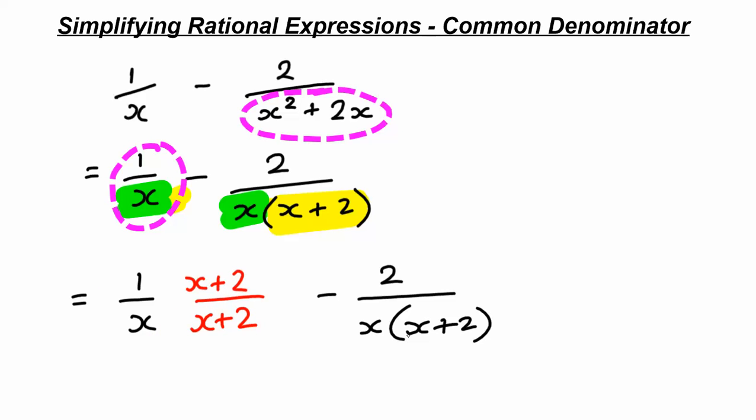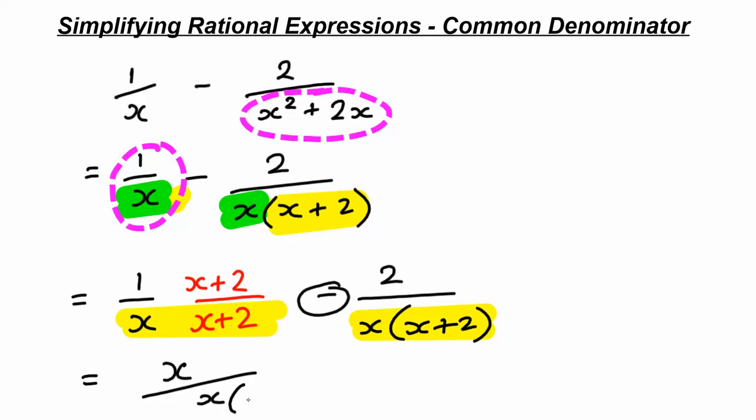However, the whole point of doing this is that I now have exactly the same denominators. So I can now perform the subtraction, which means the numerator becomes just x and the denominator is x times x plus 2.